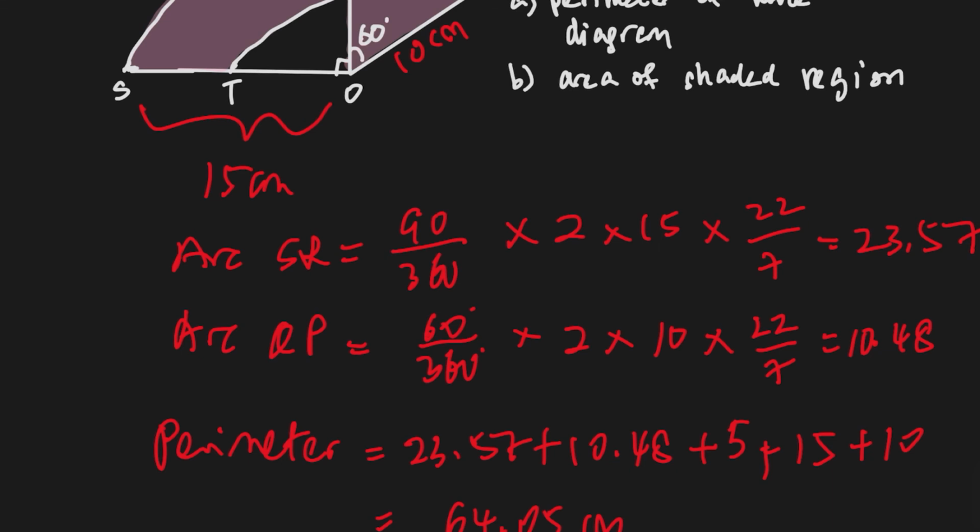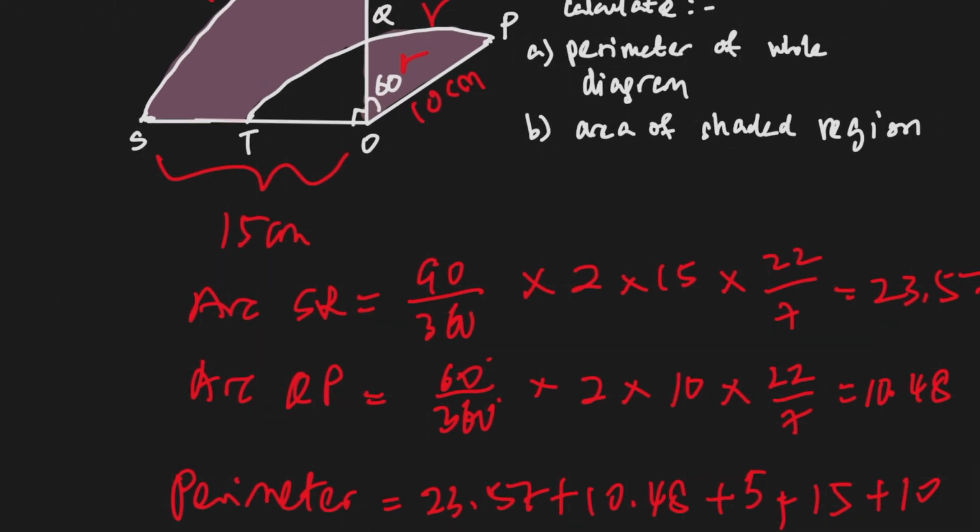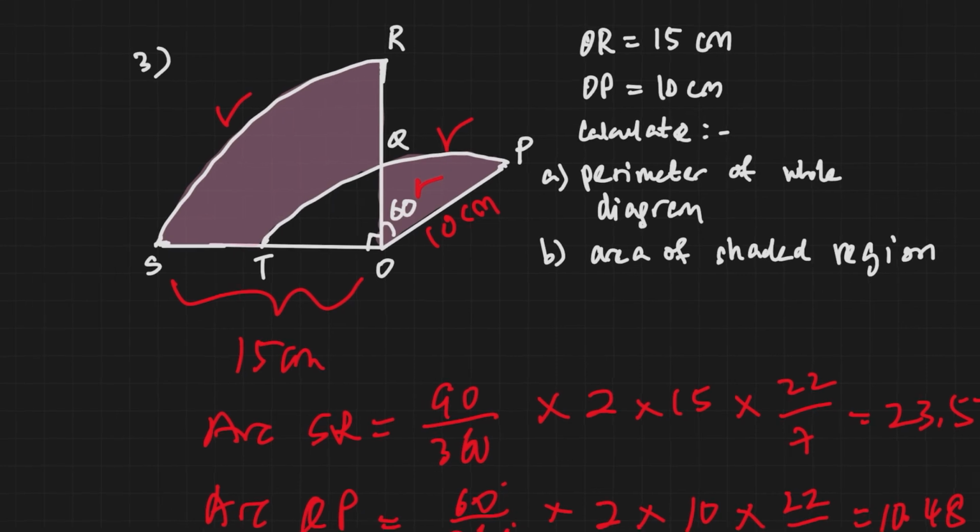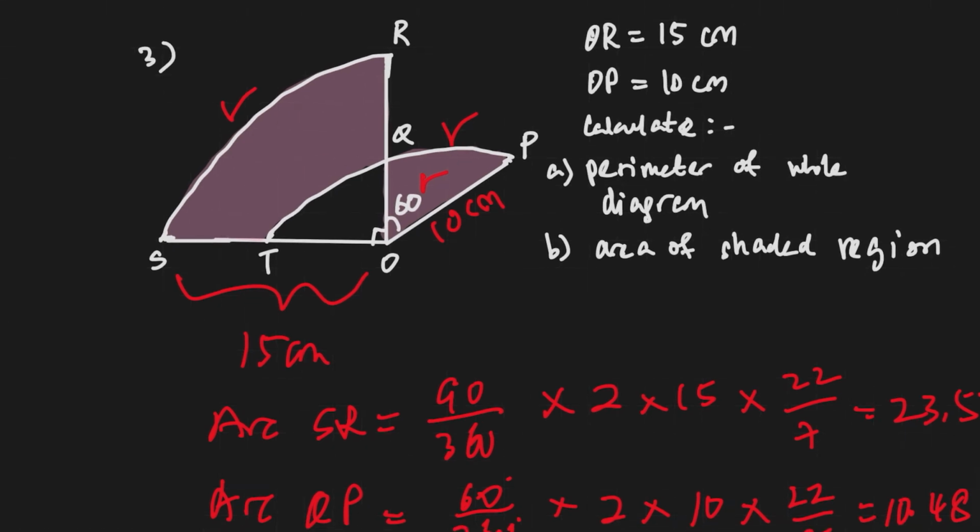So area of the shaded region, we have to find the two regions here. This is quite simple because I can just use the area of sector with an inscribed angle of 60 degrees. And for the bigger one, I need to do some subtraction. I need to find the sector of STO, and then I need to subtract this sector here, which I don't want.